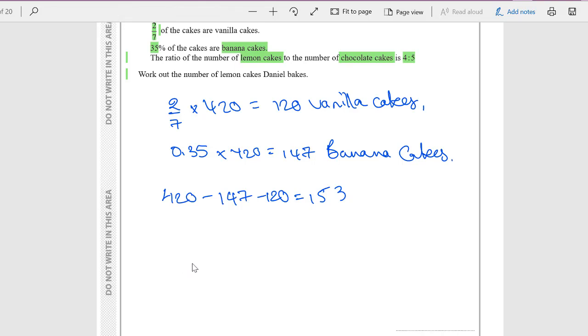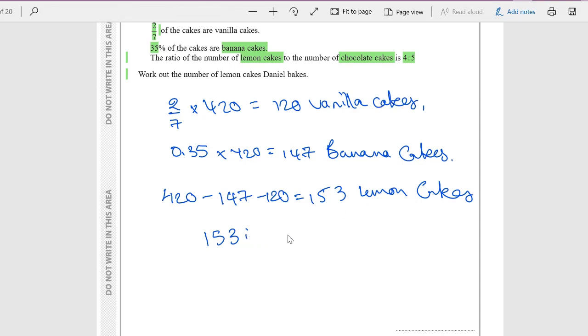So if you think about this, it says this is lemon and chocolate cakes. So the ratio of the number of lemon cakes to chocolate cakes is 4 to 5.